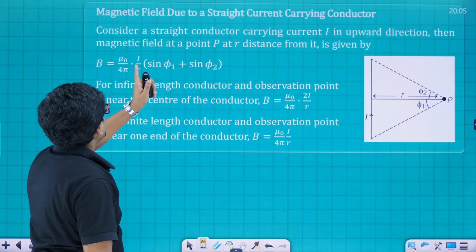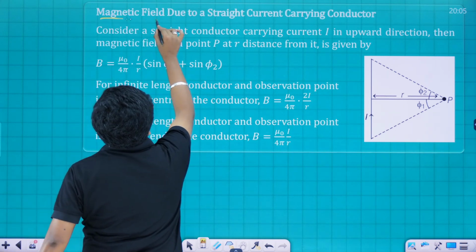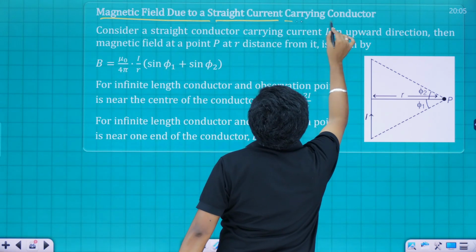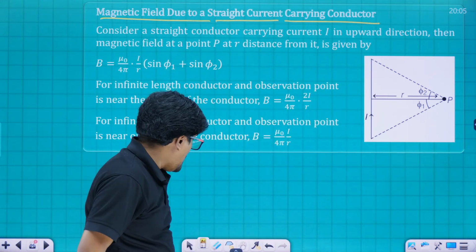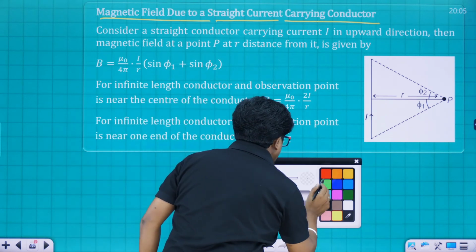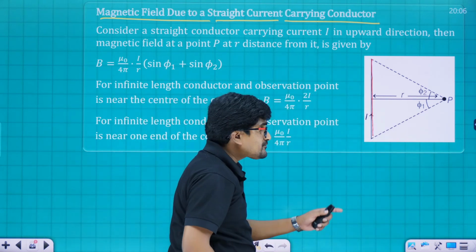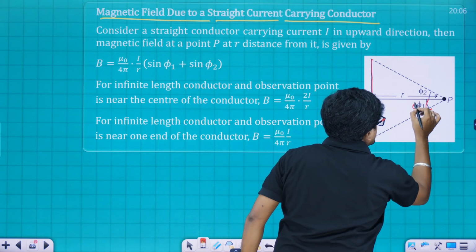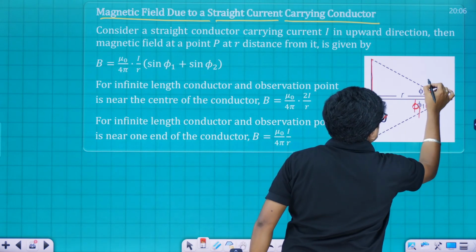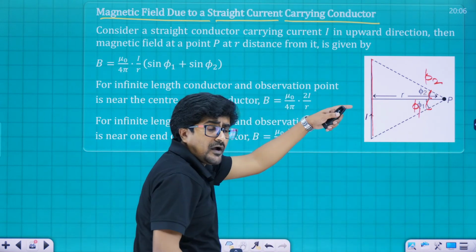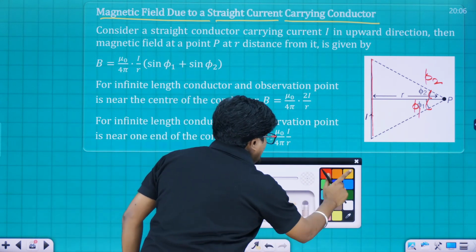All right, moving to the next, here it is magnetic field due to a straight current carrying conductor, and you never miss this. This is a finite wire. That means the length is fixed, and here this angle is phi 1, and here this angle is phi 2.